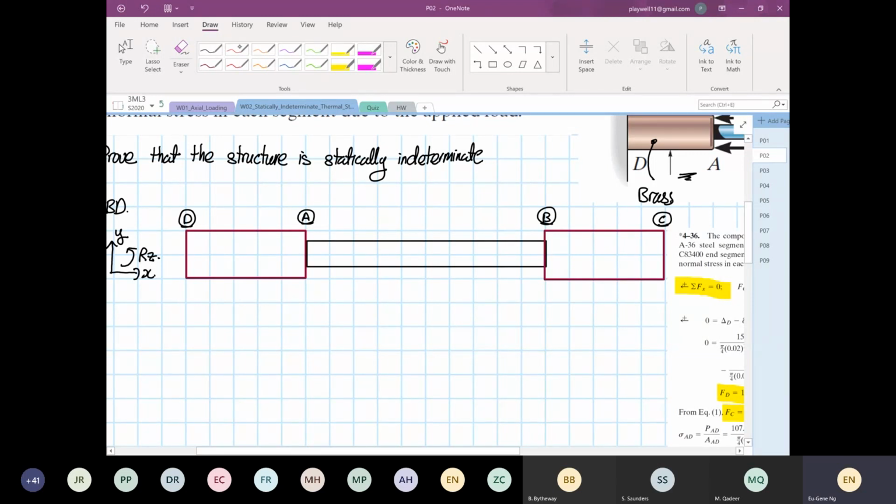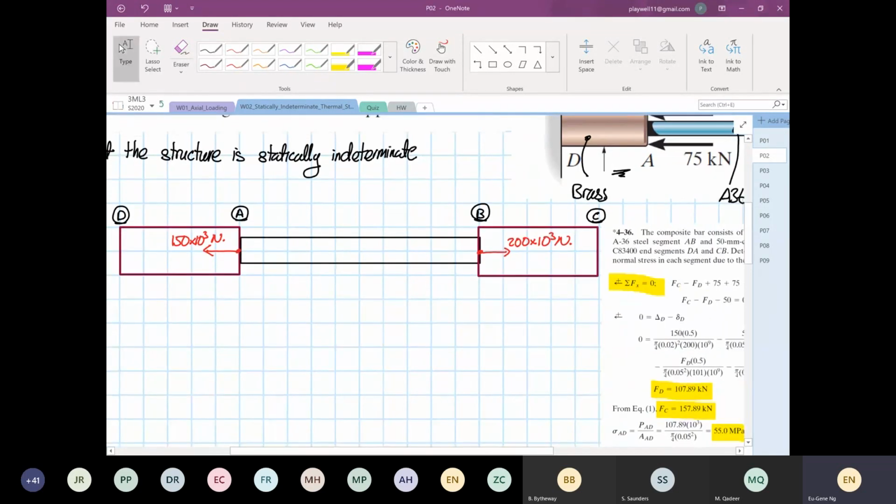And we are also made aware that over here, we have a load going in this direction, pushing at 150 times 10 to the power 3 Newton. Okay. And on the other side, we have 200 times 10 to the power 3 Newton. Yeah, we have those.